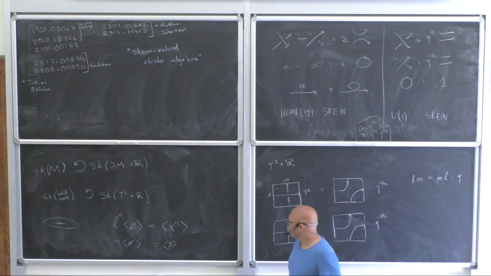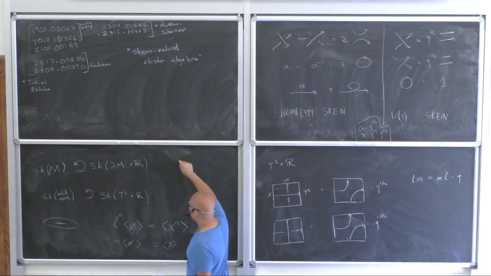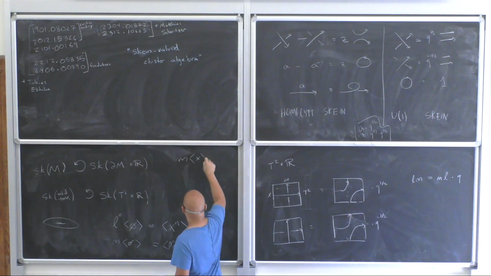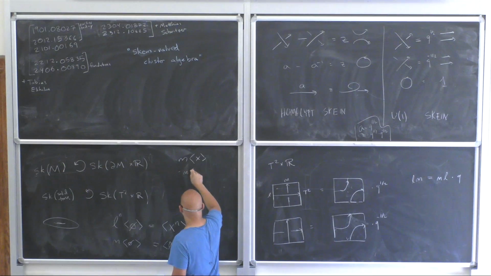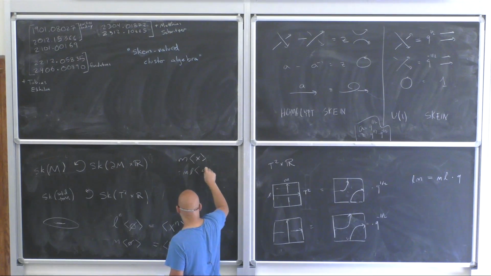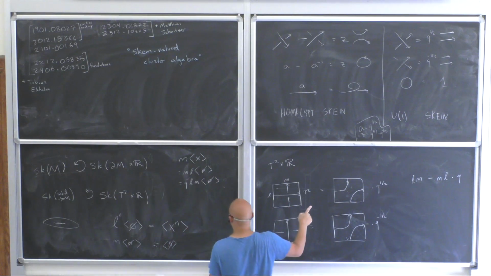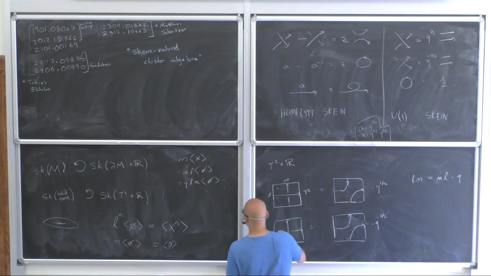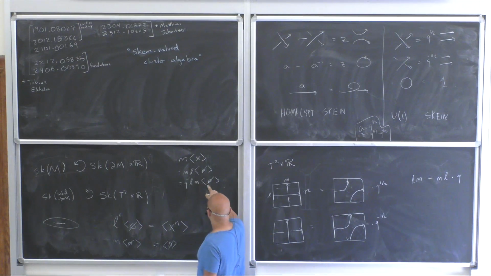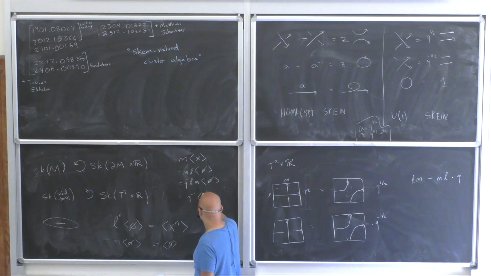But if I act by the meridian on x, this is the meridian applied to the longitude, applied to the empty knot, which is q times the longitude, meridian, empty knot, maybe it's q inverse, l, q inverse maybe, which is the meridian does nothing, the longitude puts it back to x, so q inverse x.